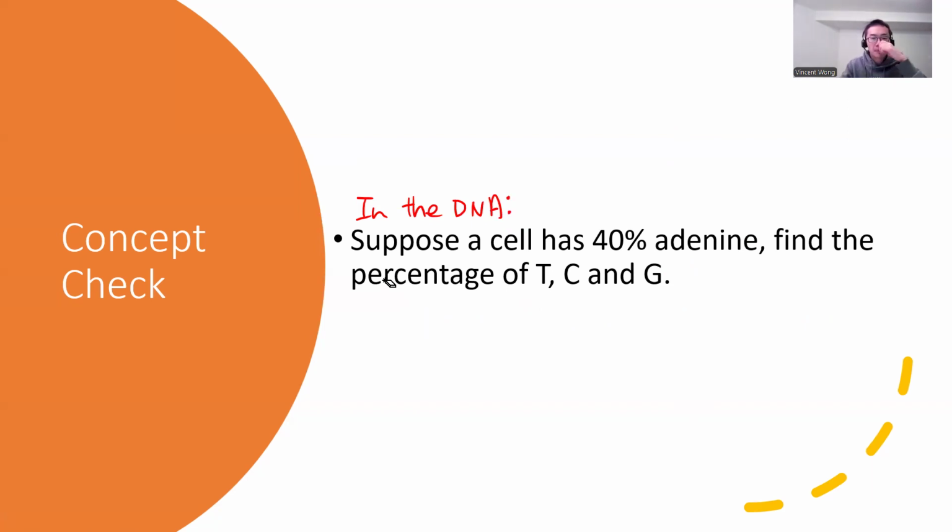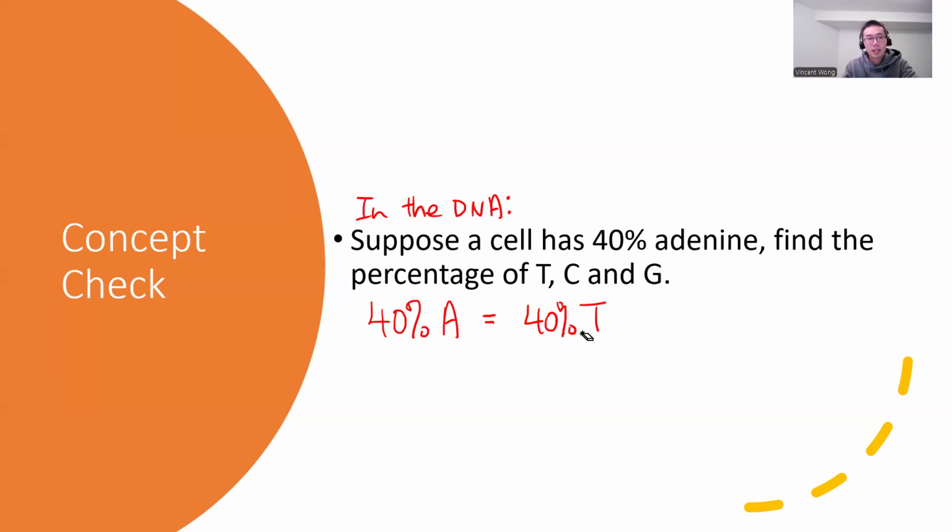All right, so here we go. 40% adenine. Well, A always pairs with T. That means if you have 40% adenine, you must also have 40% thymine, because whenever you find an A, you're going to find a T for sure.